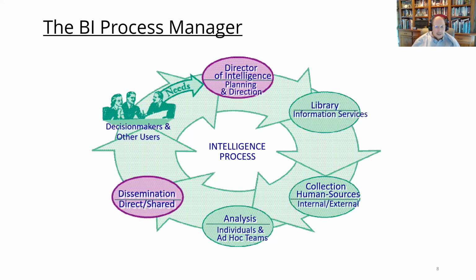Now, this cycle is the intelligence cycle. You've seen it before, but the way it's used in this particular model basically uses the director as someone who has to get people who don't work for him as direct reports and have him manage the process so that he can deliver on the 4 Ds. What are the downsides of this model?